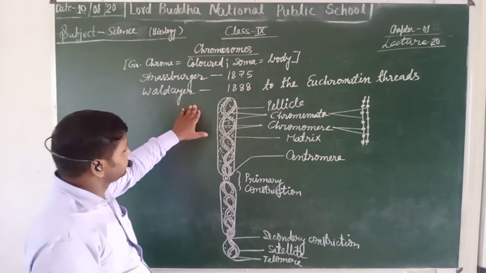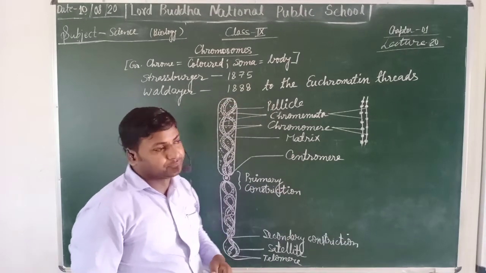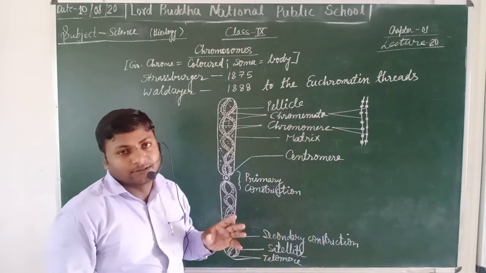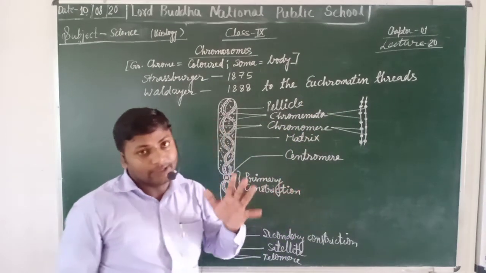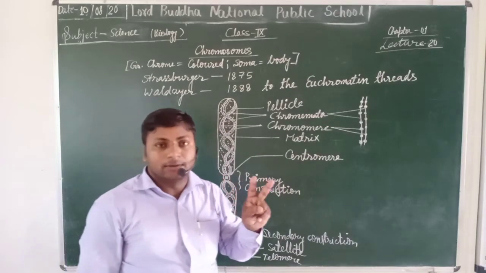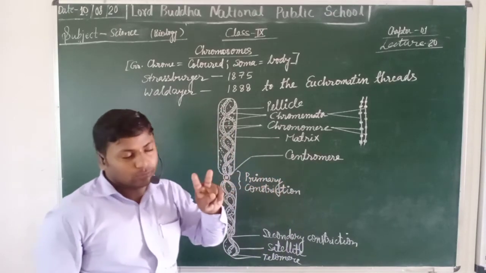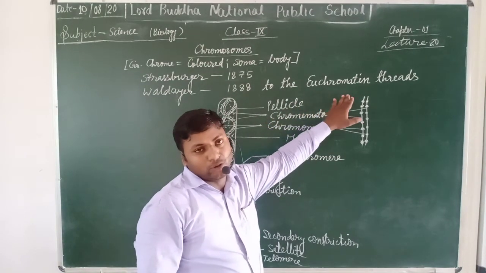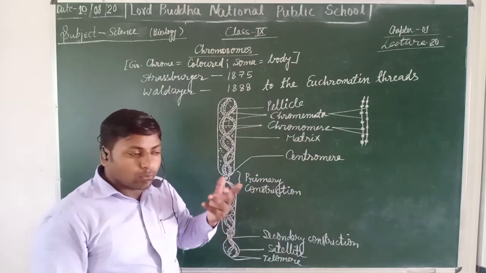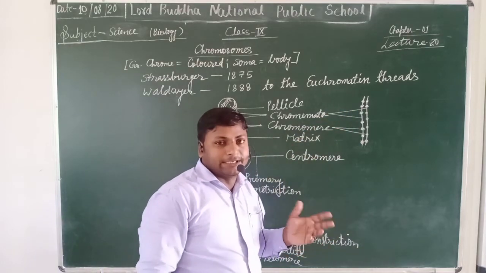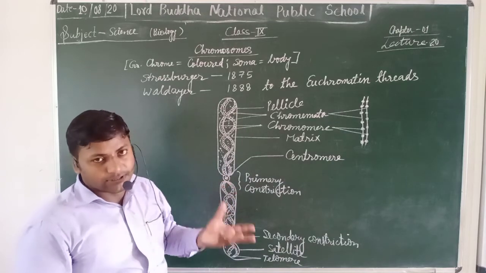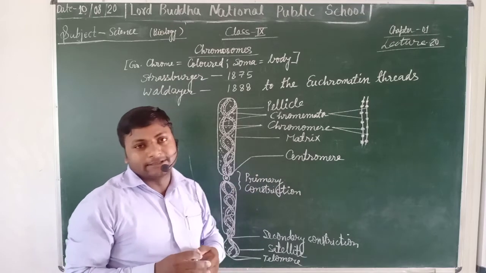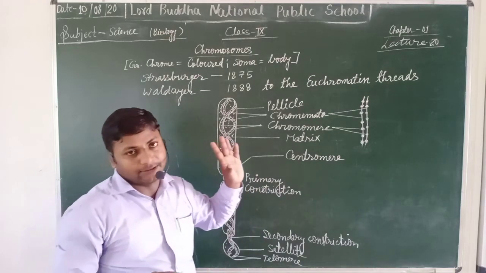But Waldeyer in 1888 described the euchromatic threads. There I was telling you that two types of chromatic threads are present in the nucleoplasm. The unwrapped, uncoiled structures are euchromatic, and the highly coiled, criss-cross shaped structures present in the nucleoplasm are dark bands, the heterochromatic threads.